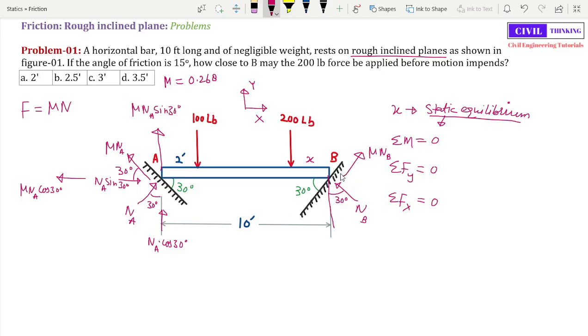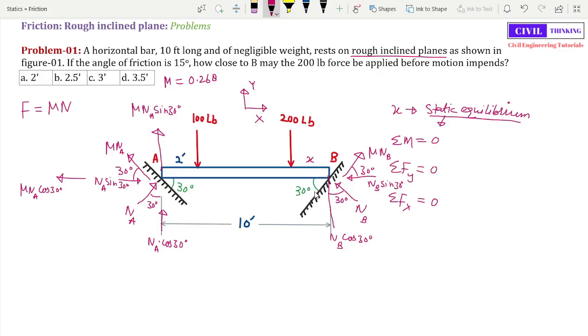Now similarly here, this NB will have two components, NB cos 30 degrees here, and here is going to be NB sine 30 degrees, right? Similarly, now mu NB, when we resolve it, this is 30 degrees, right?